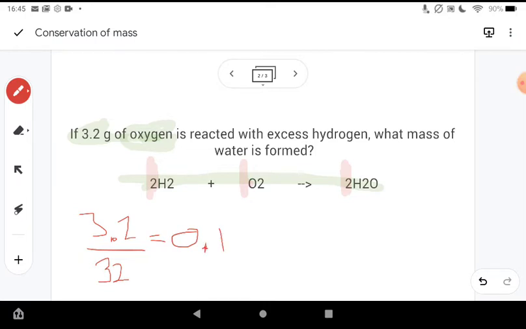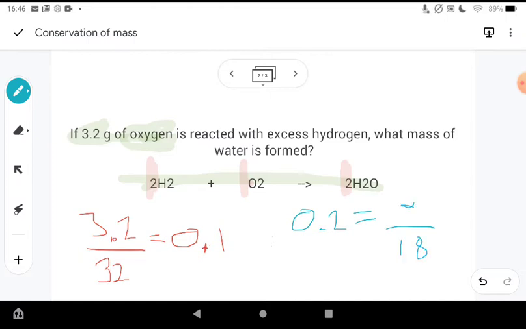And then, after you've done that, you would be looking to find out what mass of water is formed. So I then need to figure out how many moles of water I've got. For every 1 mole of oxygen, I've got 2 moles of water. So if I've got 0.1 mole of oxygen, I have 0.2 moles of water. The MR of water is 16 plus 2 because of the 2 hydrogens, so that's 18.